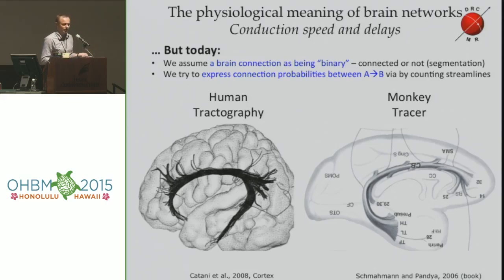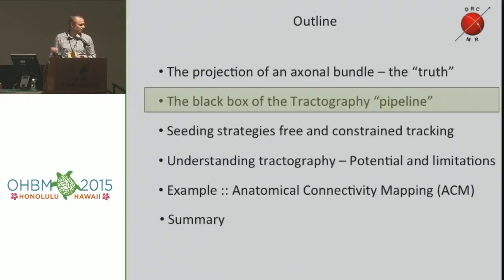We do try to make some quantitative measurements expressing connectivity strength or confidence simply by counting the number of streamlines when we do tractography, but I will come back to that. So this was insight into what the white matter is that we are trying to probe.